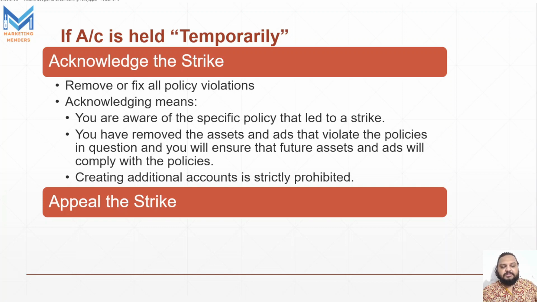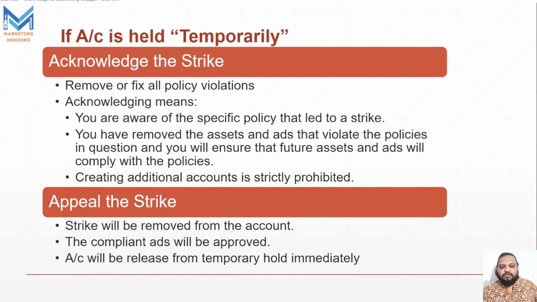Now, second option is appealing the strike. So in this case, if you have appealed the strike, what will happen? If it is found that the strike was wrong, then that will be removed from your account. That will not show in the history of your account, and your ads are compliant, they will be approved, and the account will be released from the temporary hold immediately, and your campaign will start running.